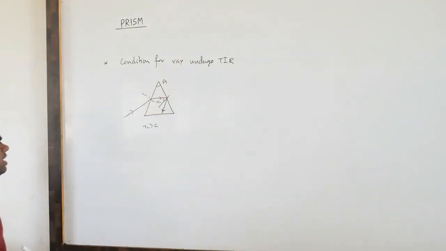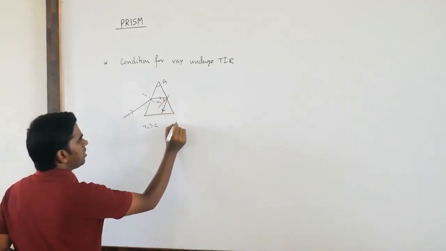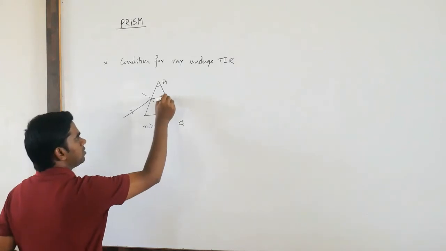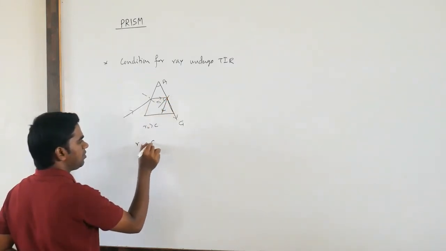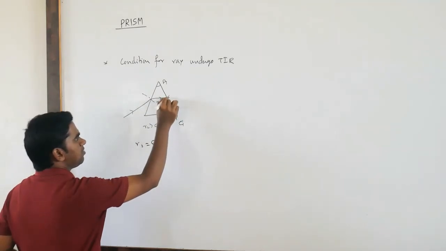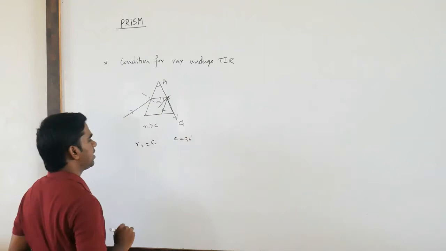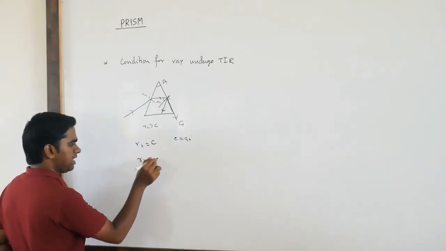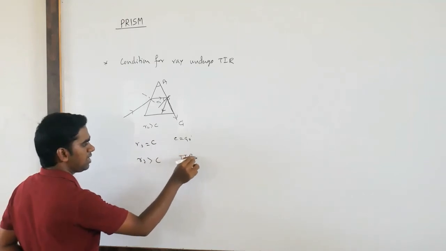So what will be the condition? Suppose the critical angle for the prism is C. If R2 is equal to C, the angle of emergence will become what? The angle of emergence will become 90 degree. If R2 is greater than C, then what will happen? The ray will undergo TIR.